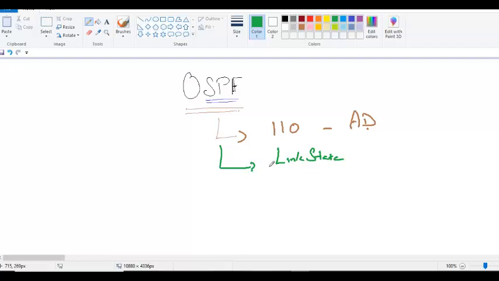And these link state advertisements help a router to understand and discover the whole topology. That is why this is a link state routing protocol. Let me explain to you what is link state. Important, very important for interviews.